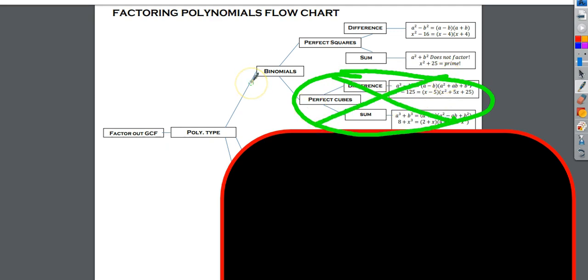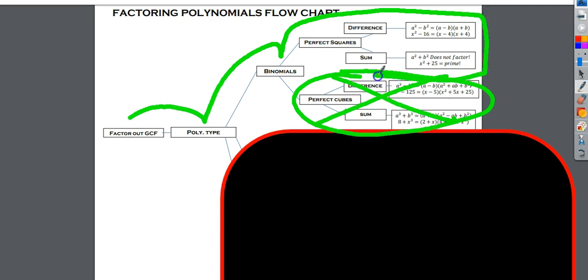What I want you to know is if you factor out the GCF and then you see that it's 2 terms, then you have to decide, is it a DOS or not? Okay?